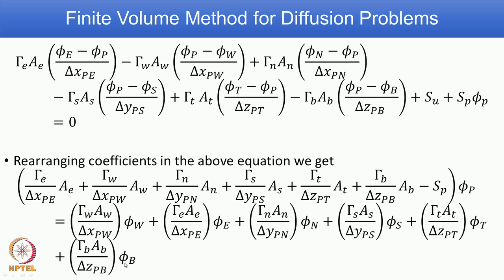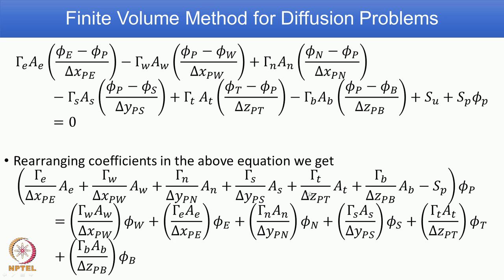Similar observation, terms inside the coefficient for node phi_P are nothing but terms for each neighboring node. So, for example, the first term gamma_e by delta x_PE, A_E, is coming from gamma_e by delta x_PE for the node at E, and you can observe that similar for other neighboring nodes.